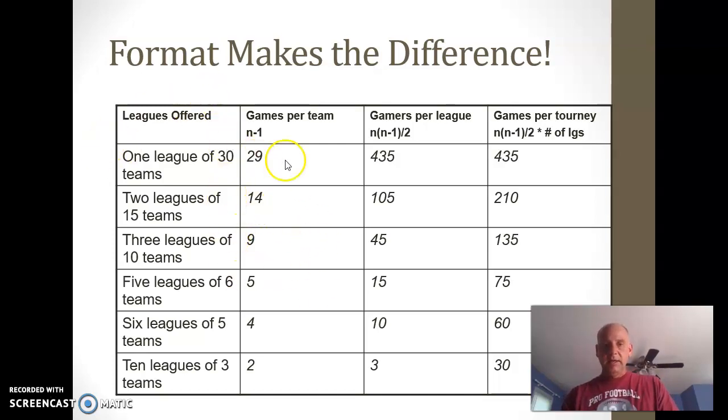That top one is a lot of games for somebody. Talk about attrition. If you know your team's not very good and you're playing 29 games, you're probably going to lose interest pretty quick. So think about that. Format does make a difference. How many leagues we set up and how many teams are in each one of those leagues is going to impact how many games we have to have, how many fields we need, and how much time it's going to take.